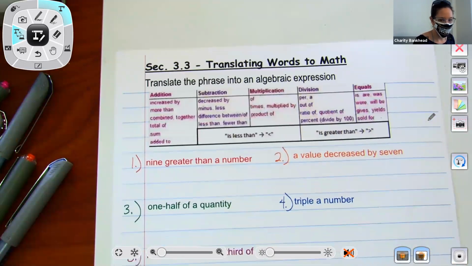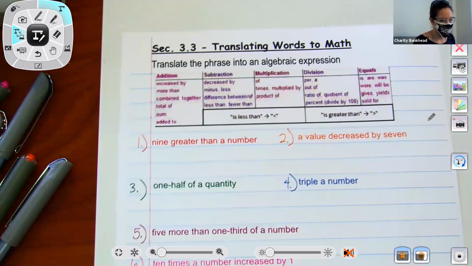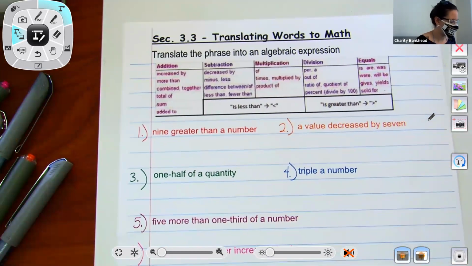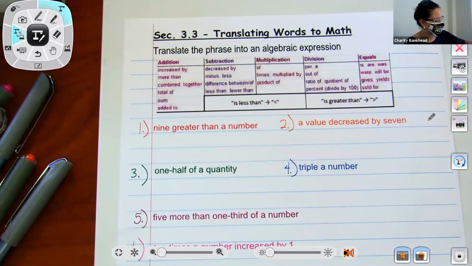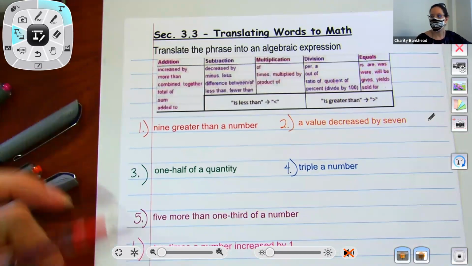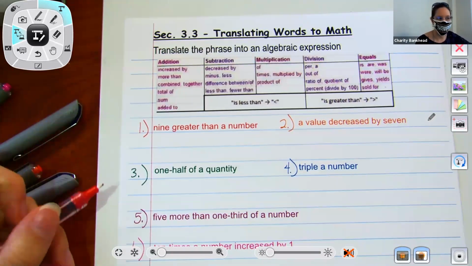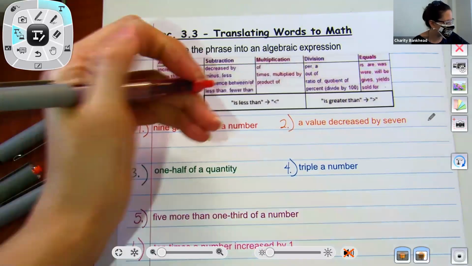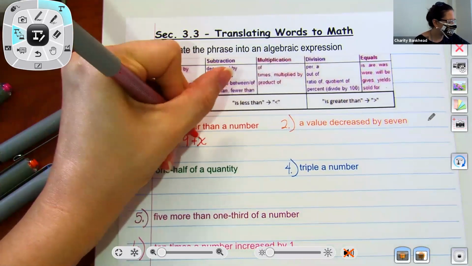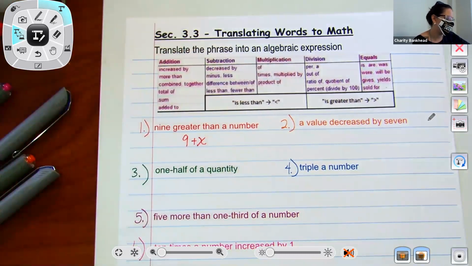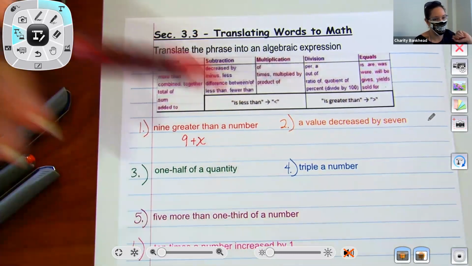One thing to notice is that, for example, number 1 says 9 greater than a number. Whenever it says a number, it's an unknown number, so we're going to use X for that. So you would translate that to be 9 plus X. Notice that it did not say 9 is greater than a number.